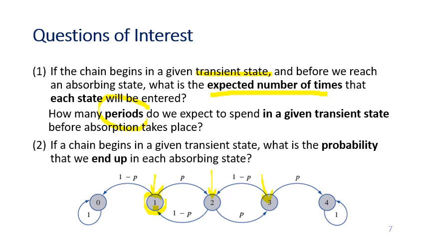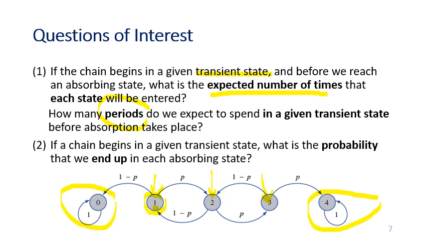Now the second question is regarding the absorbing states. So usually we have several absorbing states. The second question is: what is the probability that we will end up in each of the absorbing states? So we know that we eventually will be absorbed, but what is the probability that we will be absorbed here or there?